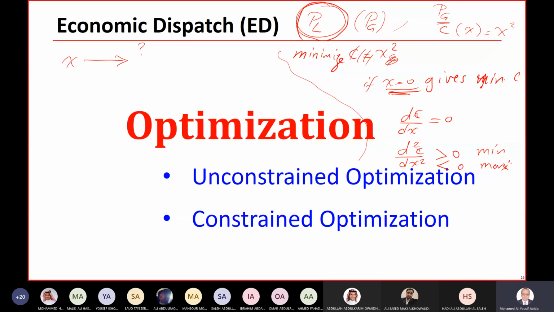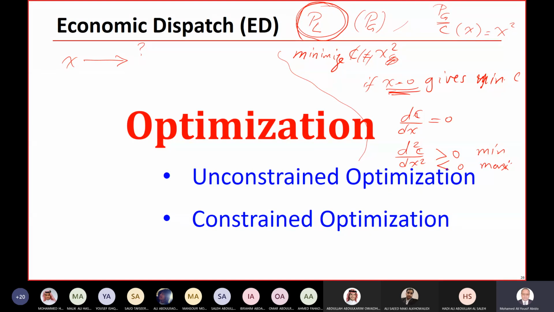The system is running smooth, no disturbance, no fault, no short circuit, no generator output or transmission line outage, nothing. The system is running smooth.